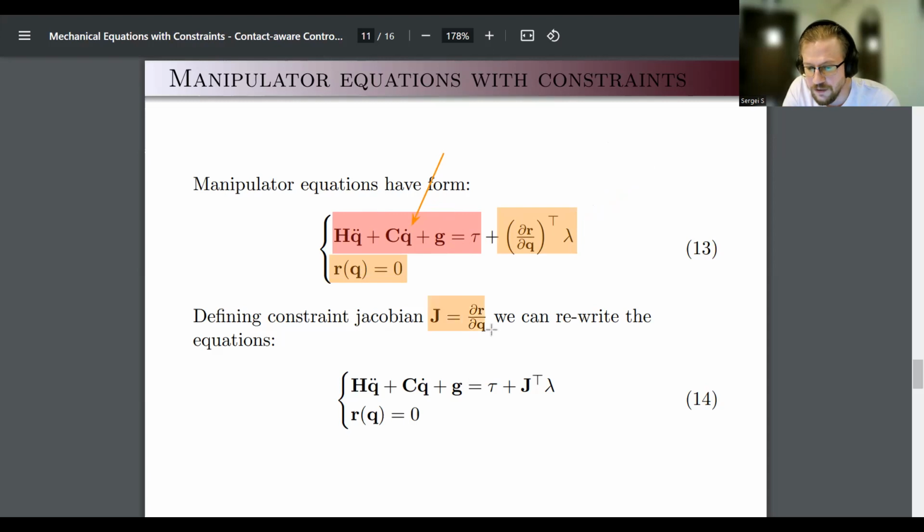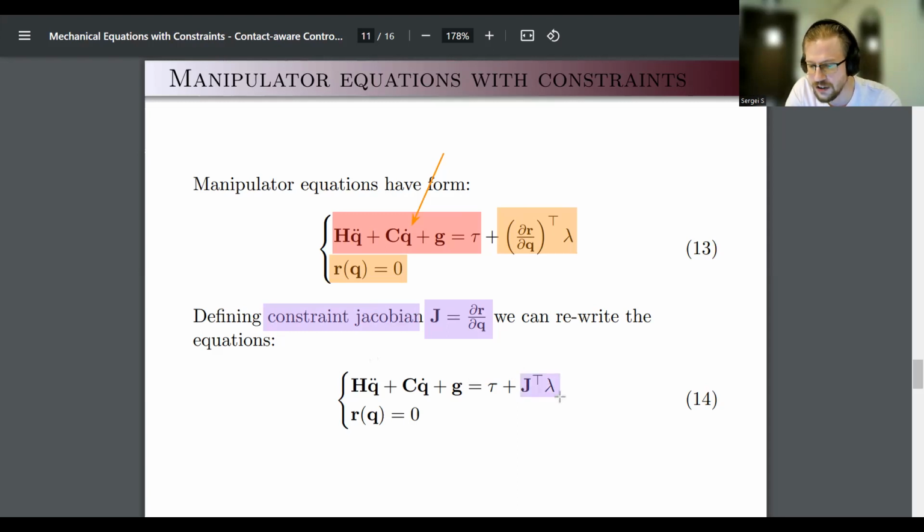Now we can define, let me use a different color, this Jacobian dr dq. As I said, it is a constrained Jacobian, right? Constrained Jacobian. And then the equations take an even cleaner look.